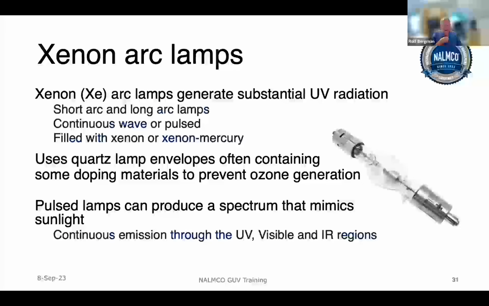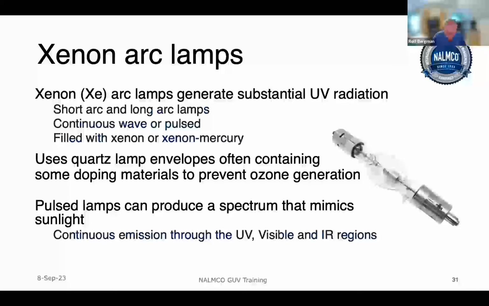And pulsed lamps are used for germicidal application because the spectrum in the UVC region becomes enhanced very much compared to continuous wave operation. But as mentioned before, whether pulsed or not pulsed, the emission is all the way through the UV and the visible spectrum.